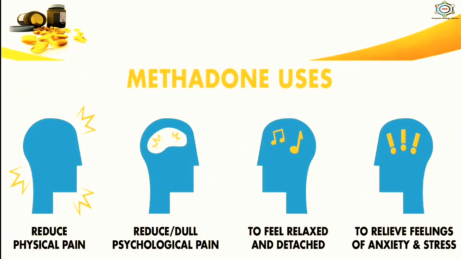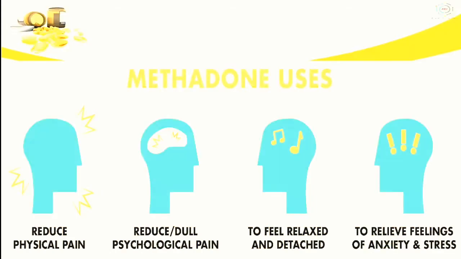Now, if we use methadone, it reduces physical pain, reduces or dulls psychological pain, makes one feel relaxed and detached, and relieves feelings of anxiety and distress. Now, after this, the fourth main type is stimulants.